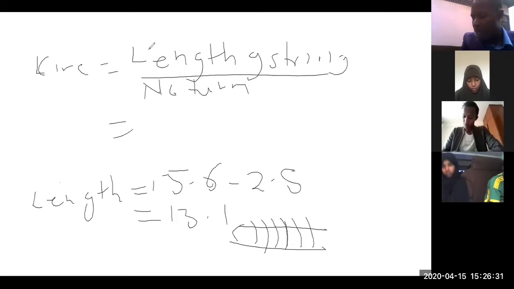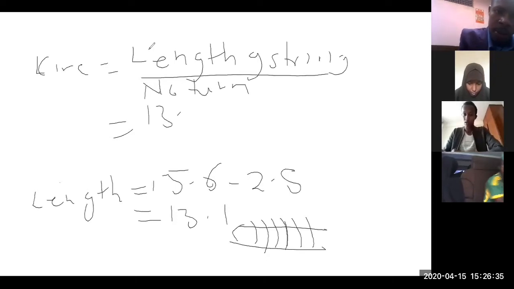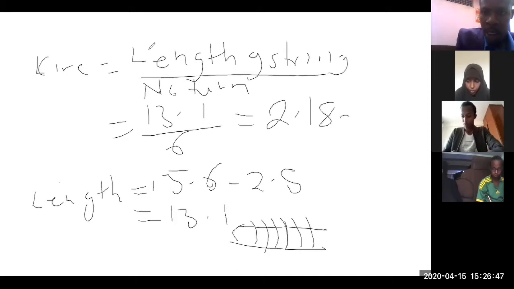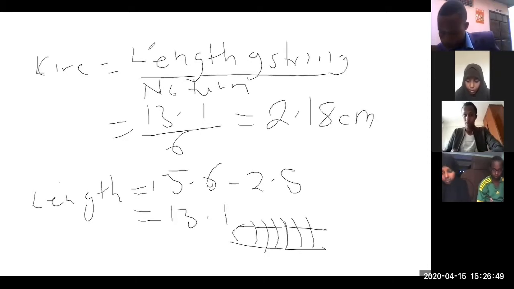We have the length of the string from our diagram, 13.1. We divide by the number of turns, which is 6, and that gives us 2.18 centimeter. So that becomes the circumference of the pen.